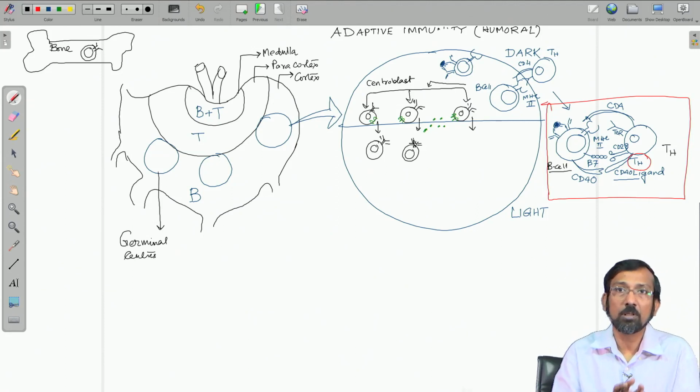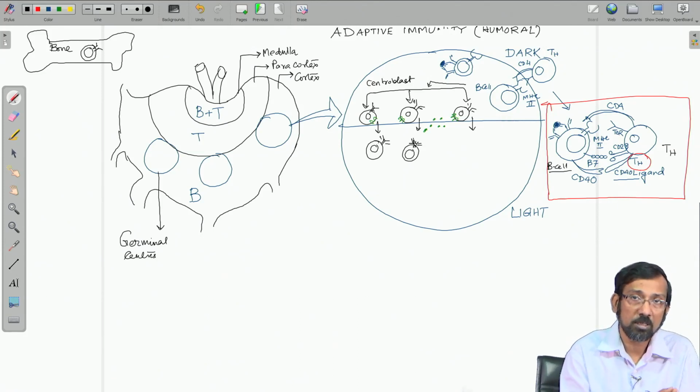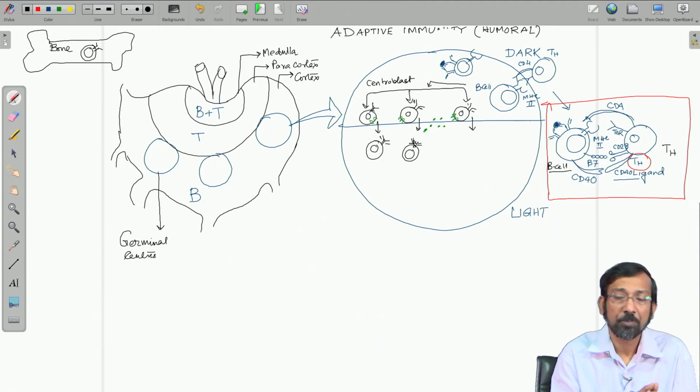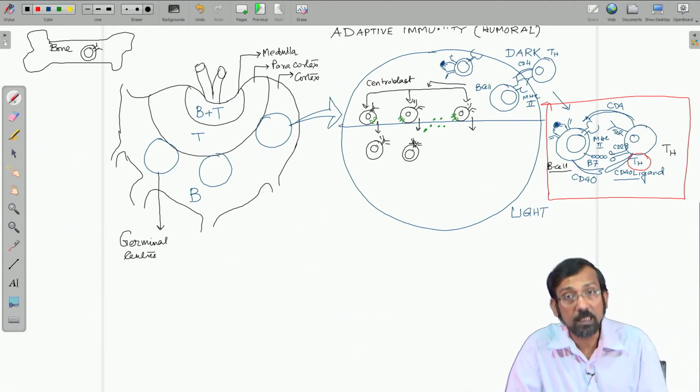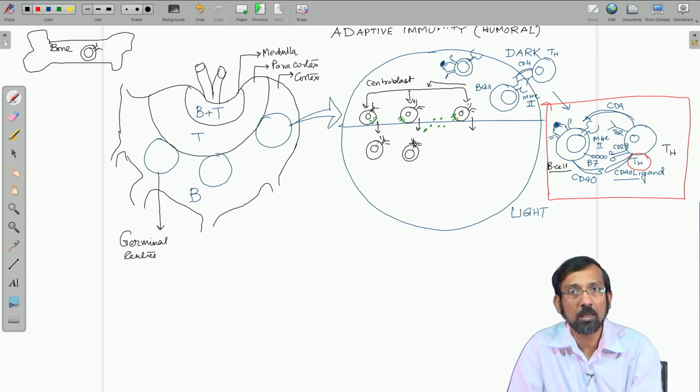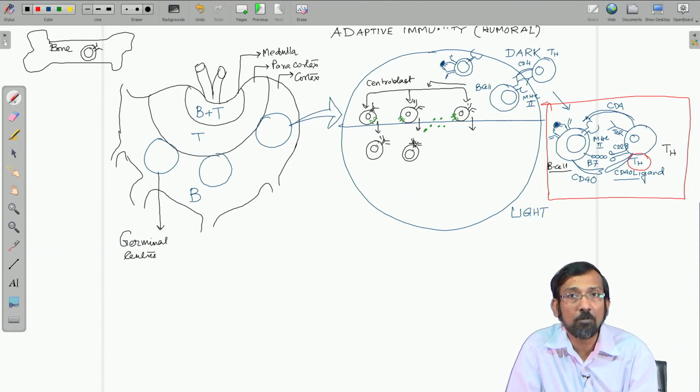Like for example, the thymic epithelial cells which were helping in selection of the CD4 and the CD8 plus cells. Similarly, there are specialized cells which are waiting in this light zone, and these are the follicular dendritic cells and the T follicular helper cells.